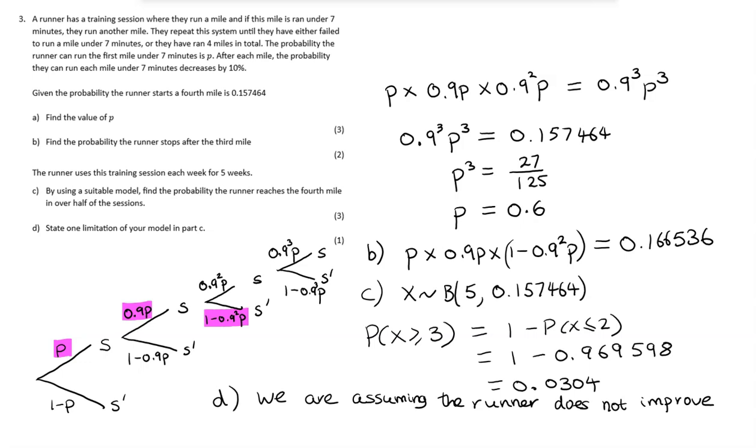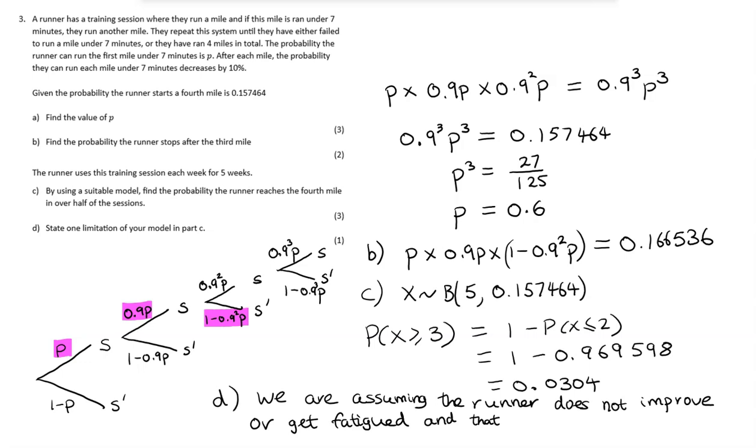Alternatively, we could also argue we're assuming that they don't get fatigued. Okay, so if they got tired and they just struggled each time to get to that 4th mile, then that would impact our probability. It would get less in that case. But either way, we're assuming that the probability stays fixed. So we're assuming that the runner does not improve or get fatigued. You wouldn't have to say both.